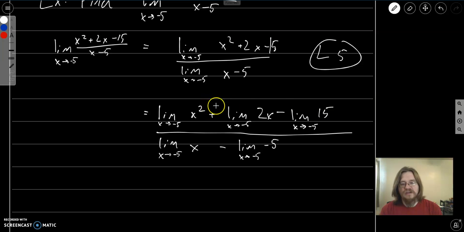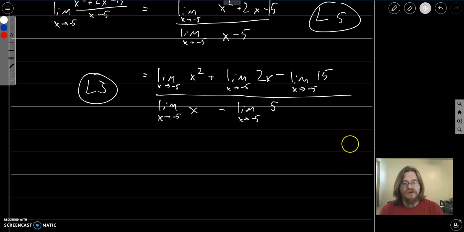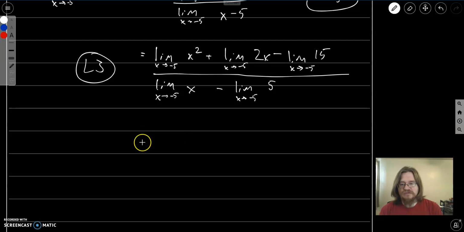Next, I split apart all of these additions and subtractions using, maybe I'll write this on this side, I believe this was L3, where the limit of two functions added together is just the individual limits being added together. And now there's a few more steps.